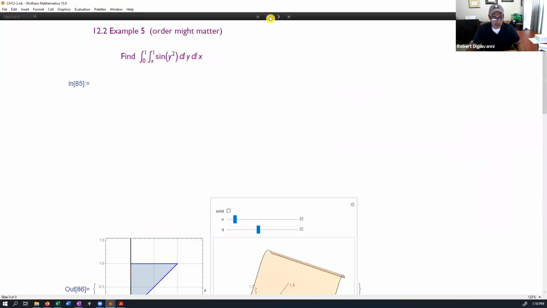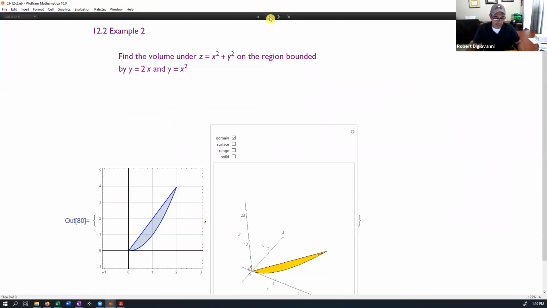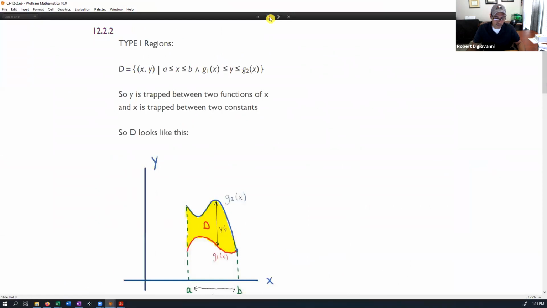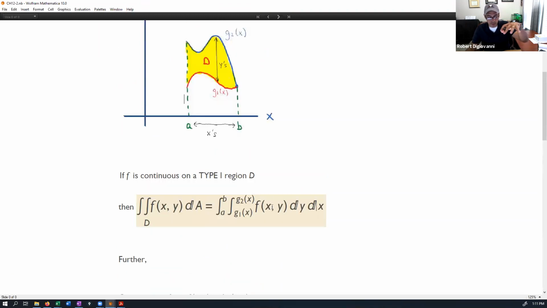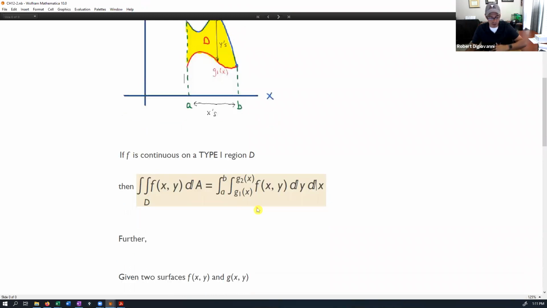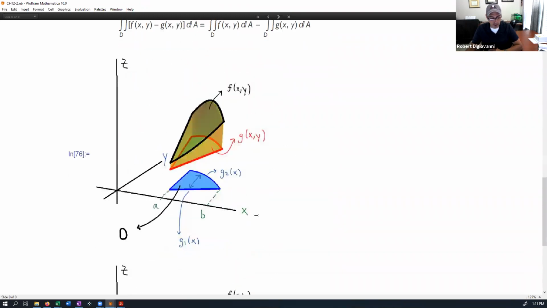Now, according to the notes from last time, if our x is stuck between two constants and our y is stuck between two functions of x, then this double integral would give us the volume under some surface above that region. But we want the volume between two surfaces, which is the next formula right here.